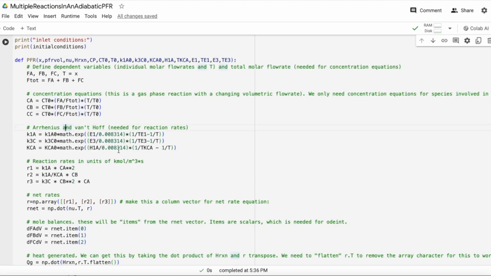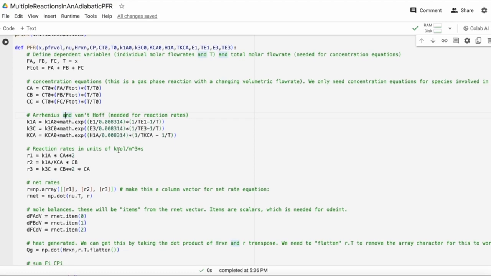Next, I need to specify my temperature-dependent thermodynamic and kinetic quantities. That's going to be my rate constants, K1A, K3C, as well as my equilibrium constant for what's going to ultimately play out in the rate constant for reaction 2. I'm going to use this mathexp syntax to do that.